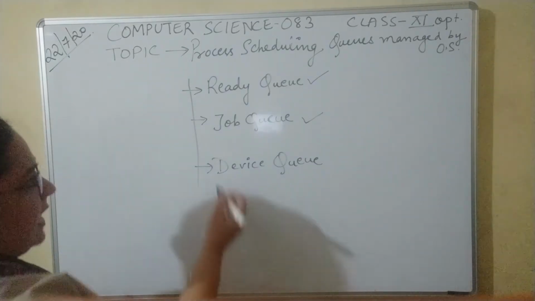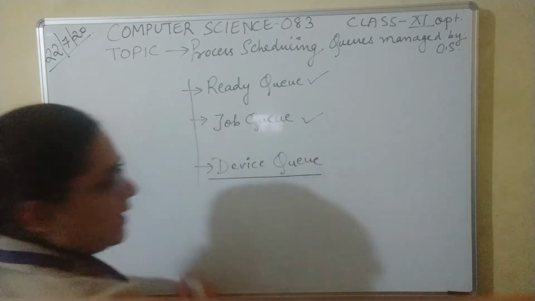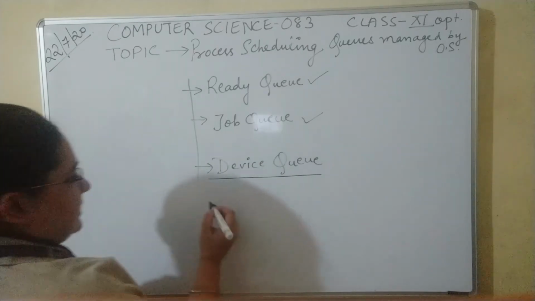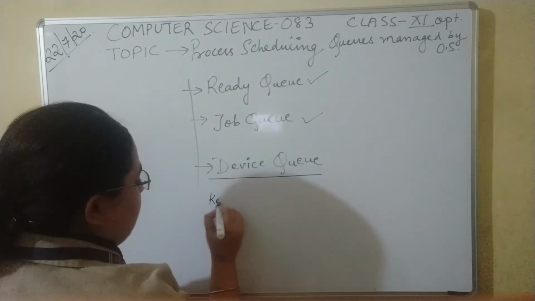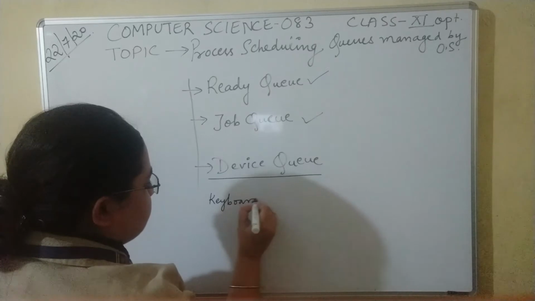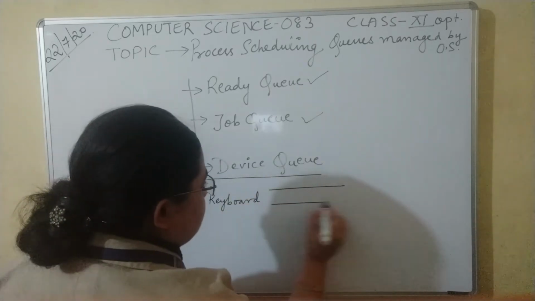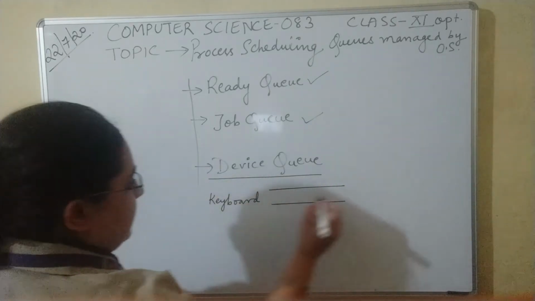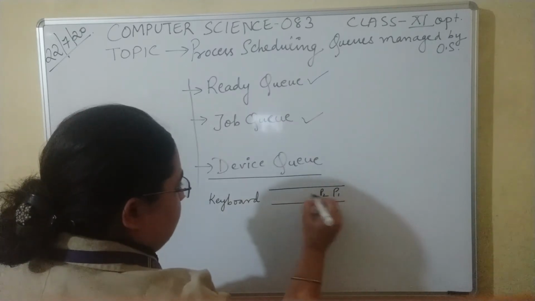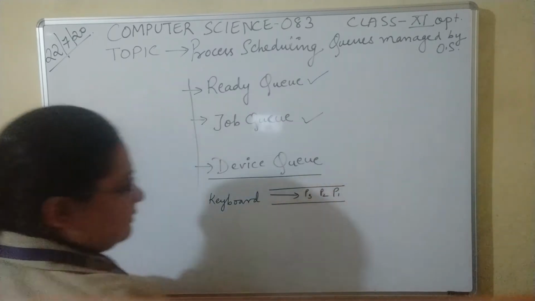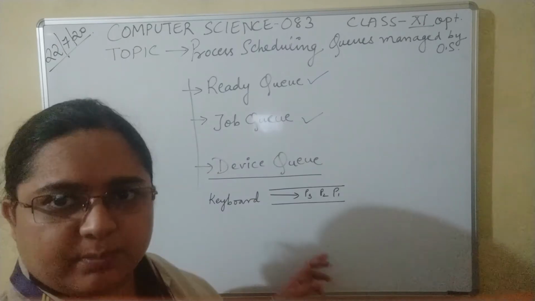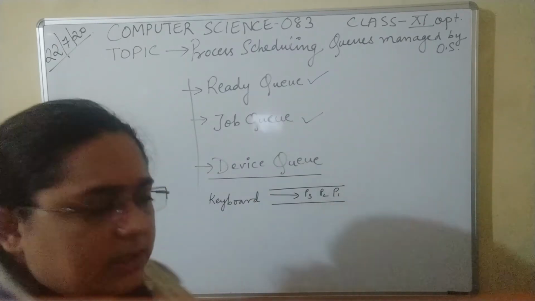For this purpose, such types of statements are not executed by the CPU. In fact, they are handled by their individual device queues. That is, the keyboard will have its own device queue where some processes might be waiting to use the keyboard, that is, get input from the user.